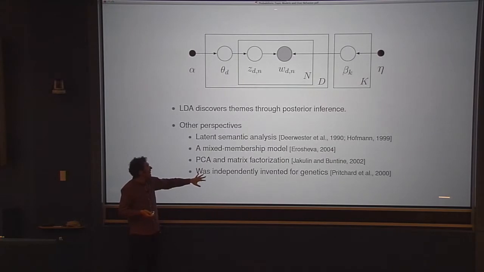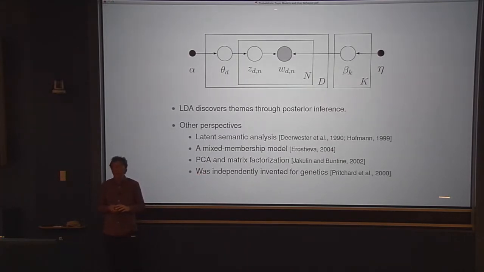And it's interesting that this same idea was independently invented to study population genetics. If we sequence all of our genomes and put them in a bag and we want to understand what the structure is in all of our genomes, well, we all are a mix of some, I can't remember what they call them. Basically, a long time ago, there were groups of people living on Earth, and then they started migrating and mixing, and we reflect that.